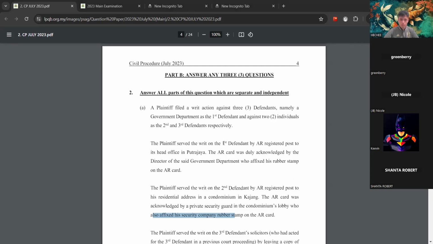First defendant is a government department, so the manner of serving the writ is by AR registered post to the head office in Putrajaya. So we have to check the relevant order, which will be Order 73.